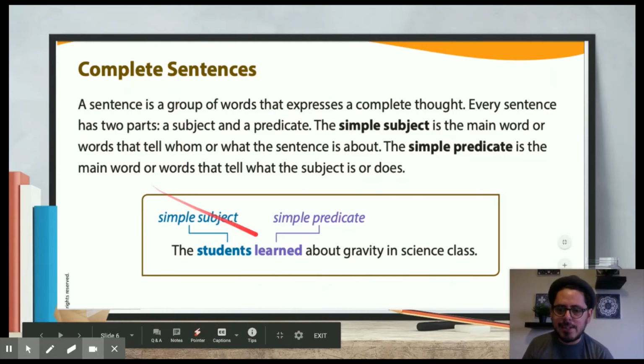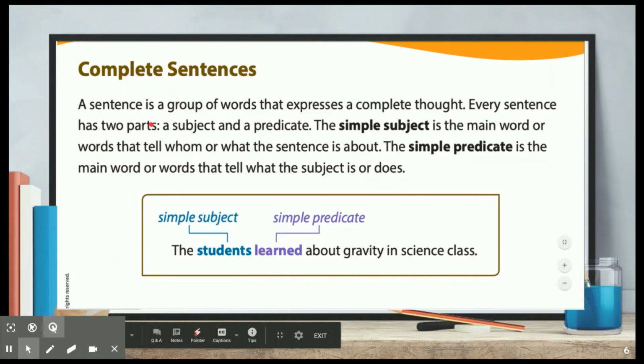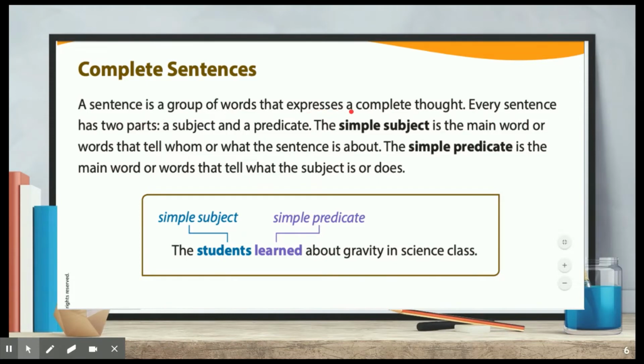Complete sentences. All right. So a sentence is a group of words that expresses a complete thought. Every sentence has two parts, a subject and a predicate. Subject and predicate, those are two words that you have to remember. The simple subject is the main word or words that tell whom or what the sentence is about.